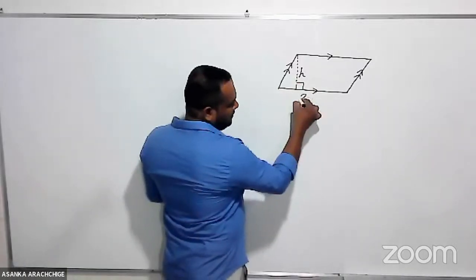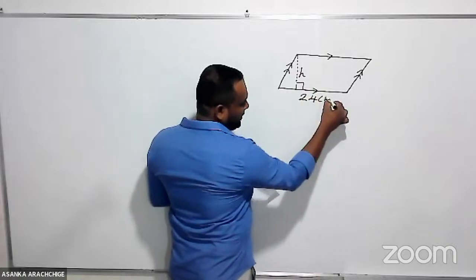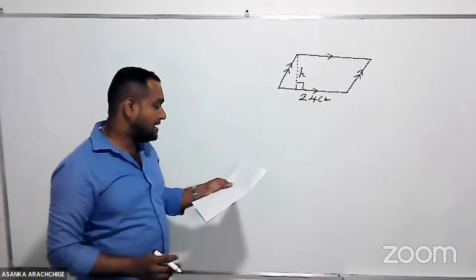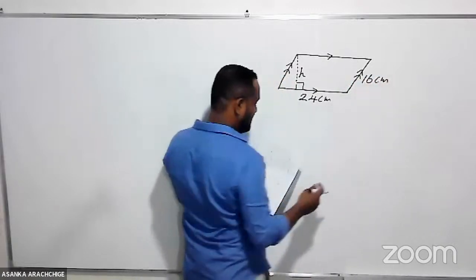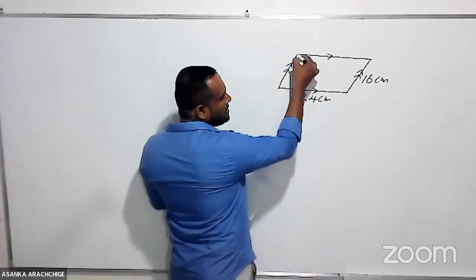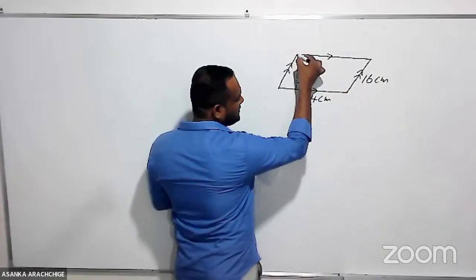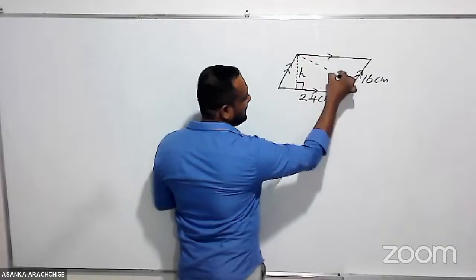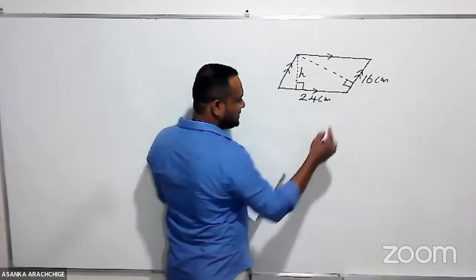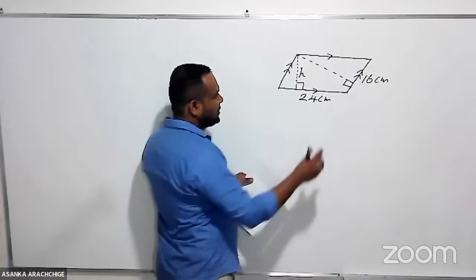You are given the length of this side as 24 centimeters, this side as 16 centimeters, and the perpendicular distance between these two parallel sides is given as 18.